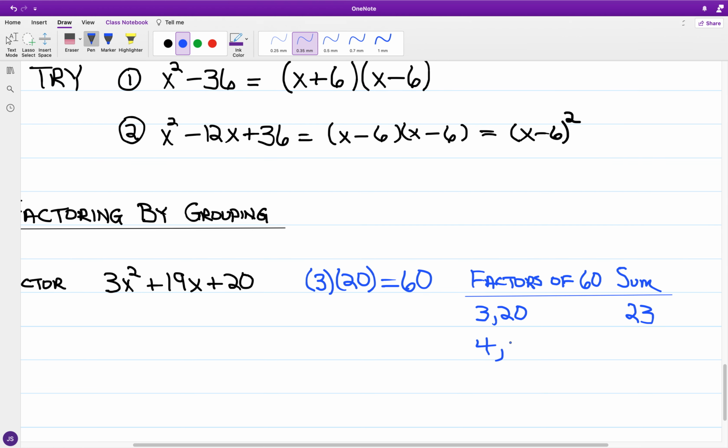But if I take 4, 4 will go into 60 15 times. And guess what? I have all the combinations: 3 and 20, 4 and 15, 5 and 12, 6 and 10. But out of the combinations that will add up to 19, we have 15 and 4 involved.